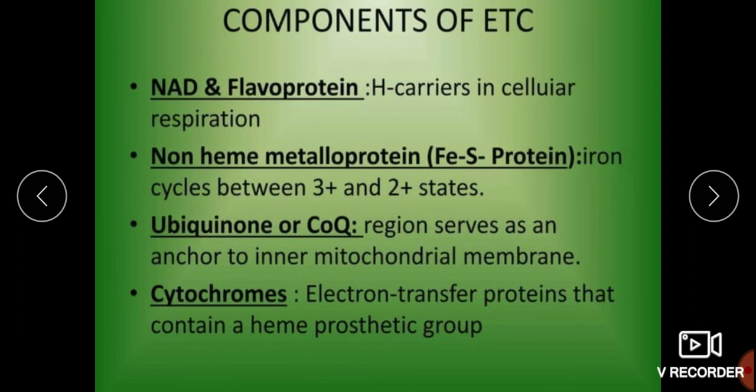Now the components of the ETC: the NAD and flavoproteins. These are the hydrogen carriers in cellular respiration. The second component is a non-heme metalloprotein, that is the FeS protein, and these FeS proteins are with a ferrous ion, and they get cycled into the 3 plus and 2 plus state.